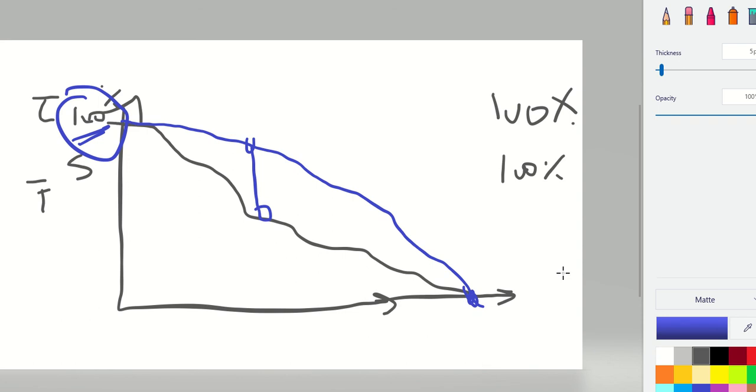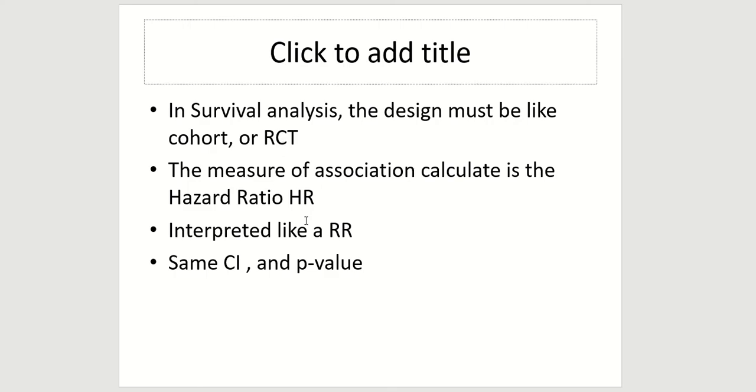It can be done for relapse, meaning when the disease comes back, and for a number of things that I think you cover in the oncology rotation. However, what I want to say is that you can calculate something called a hazard ratio for survival analysis. A hazard ratio is interpreted exactly like a risk.